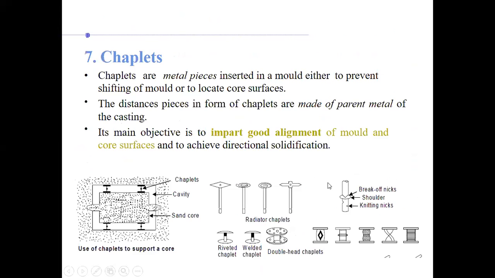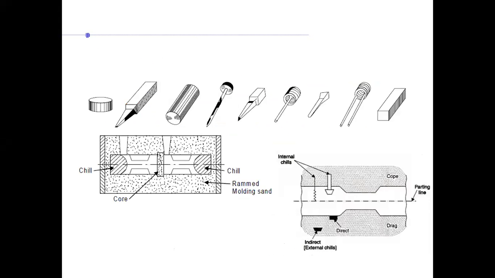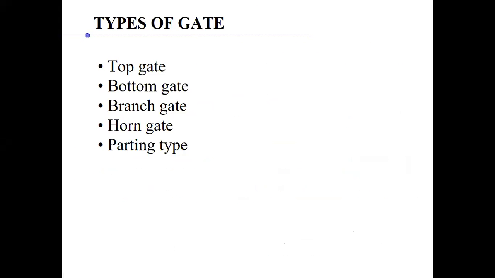Just as we have different types of pattern, and types of sand also we have seen, the types of gates: first one being top gate, bottom gate, branch gate, horn gate, and parting line.